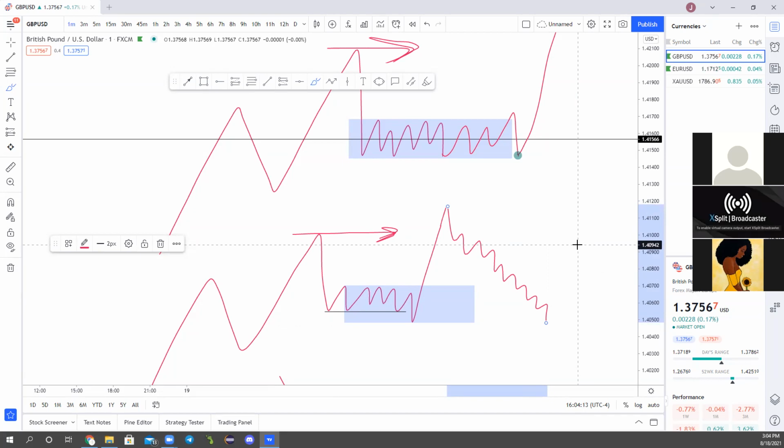Now, that's where things can get a little tricky, like defining when it is truly invalid and when it's not. But most of the time, if I see it trade through, I'm going to be wary of the fact that it did, and I'm going to wait for a clear trend to start forming again.